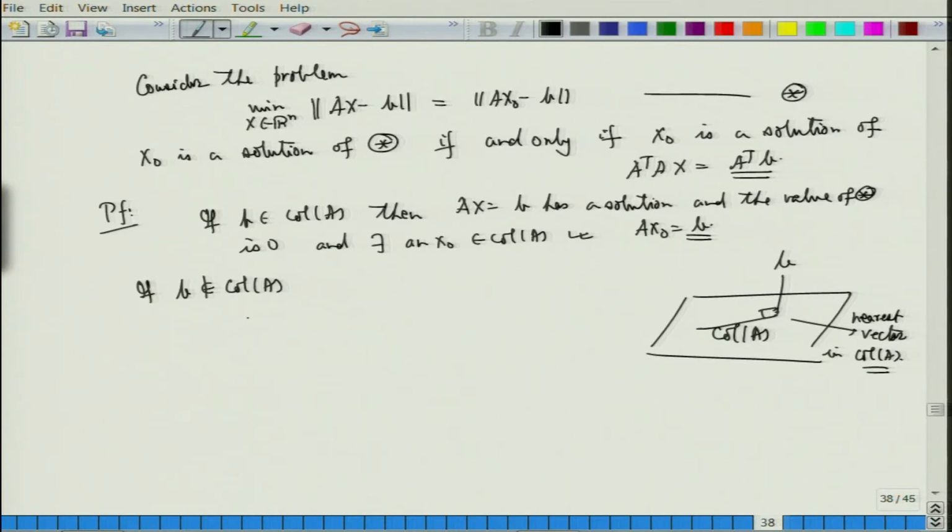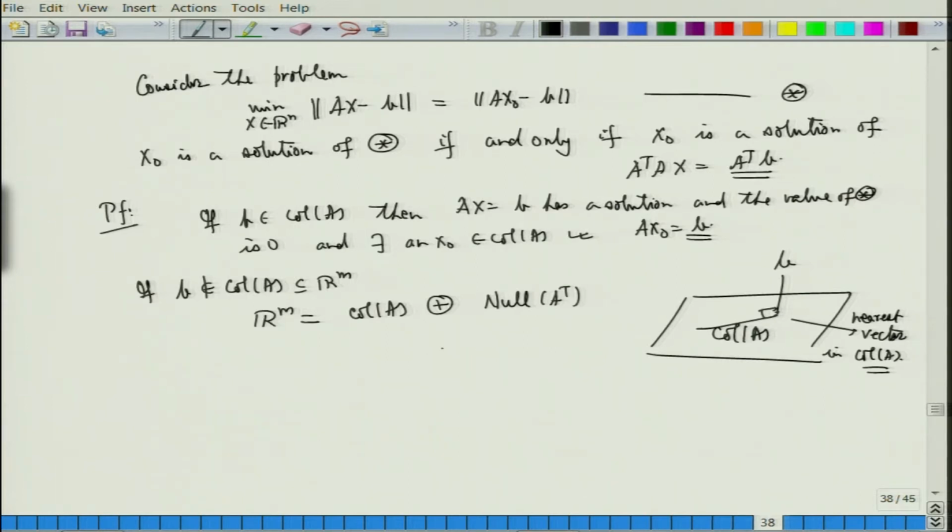So what I know is that this is a subset of Rm. So we know that Rm can be written as column space of A direct sum null space of A transpose.